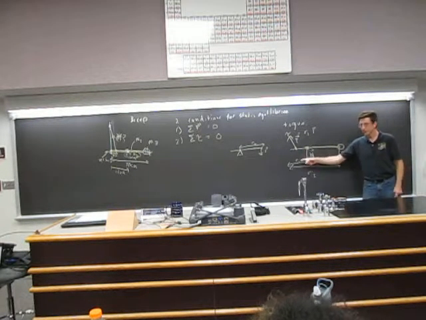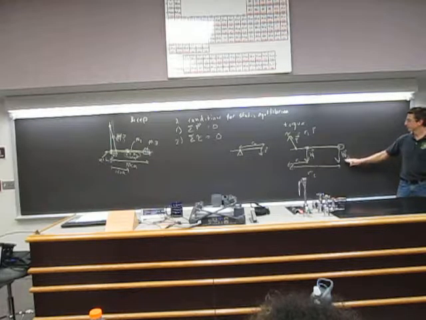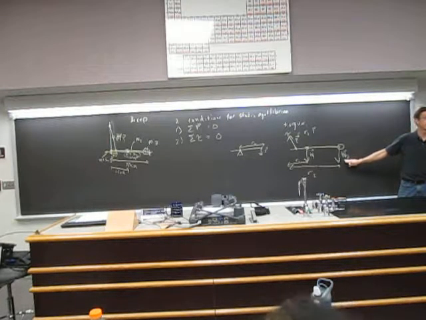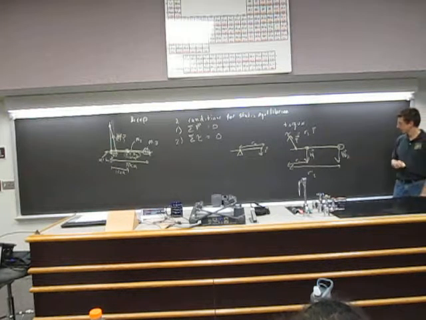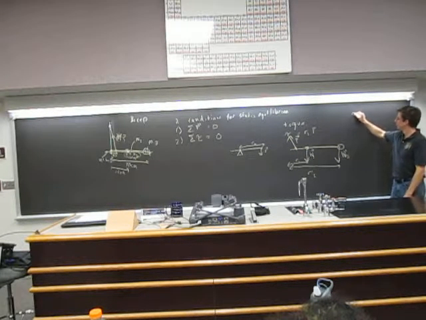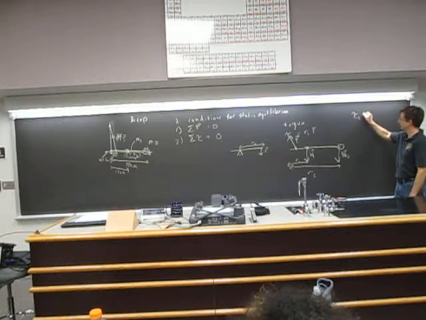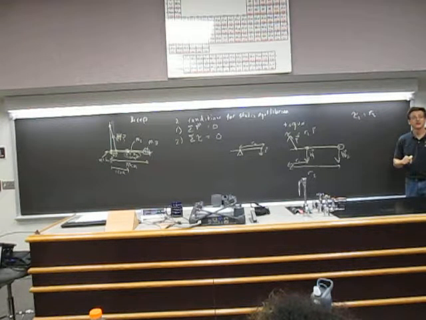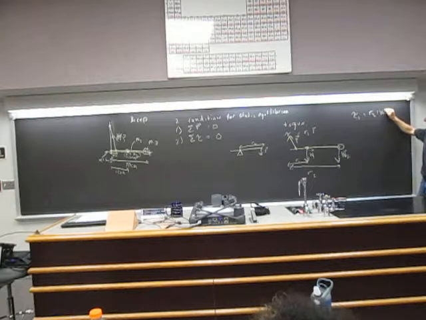In terms of these R's, it's pretty easy to figure out the torque due to this weight force. What would be the torque there? Torque 2 would be R2 times the magnitude of weight 2.